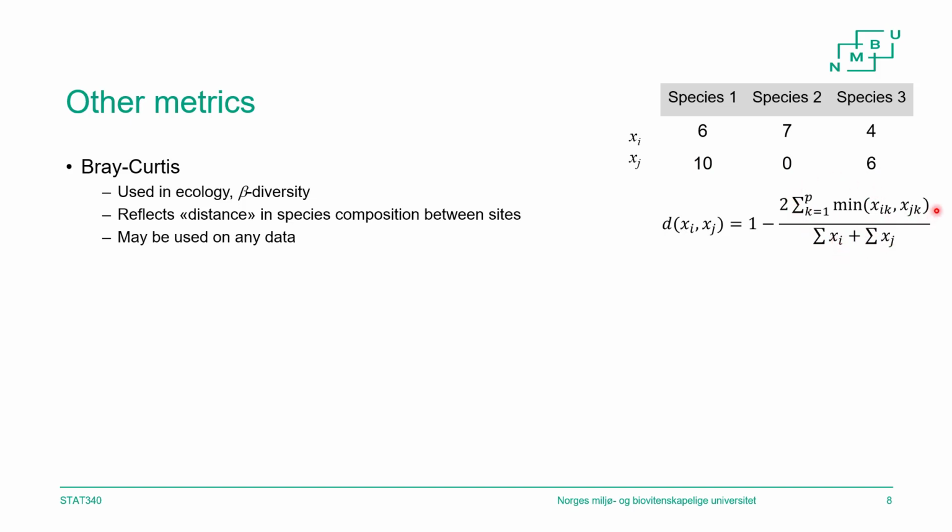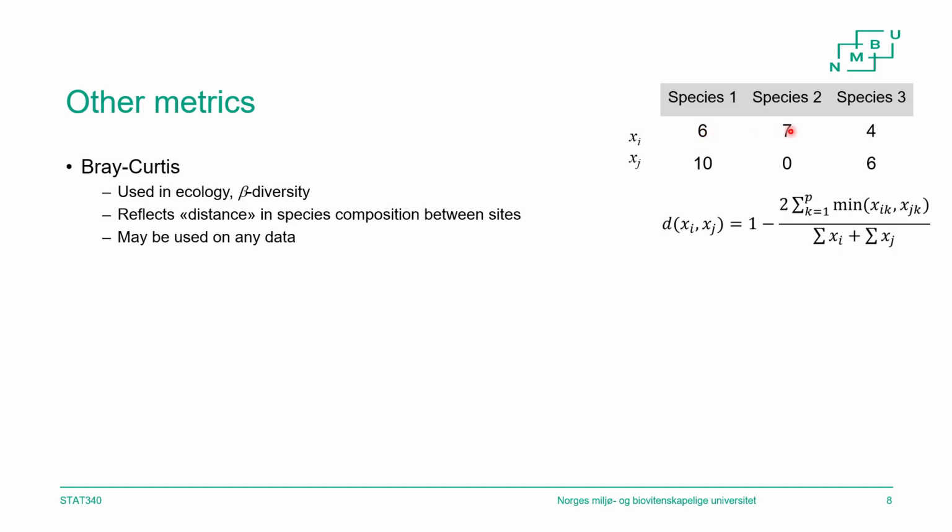What is in the numerator? Well, again, notice we go across the columns, like we did for the Minkowski, from the first column to the last column, column by column. But now, instead of looking at the differences, you just sum up the smallest value. That's what this means: take the minimum of the 2. So you start in the first column. What is the minimum? 6.